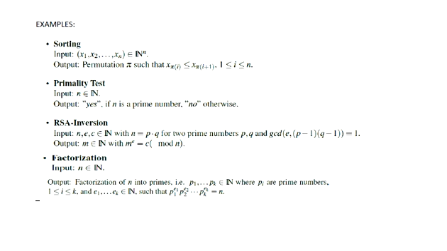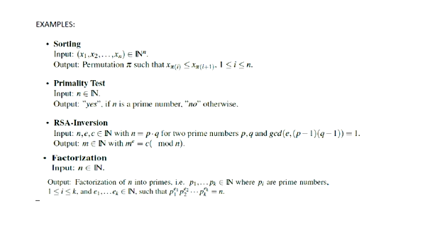Then we get the output m, which belongs to the natural numbers, with m to the power e equal to the chosen c mod n.